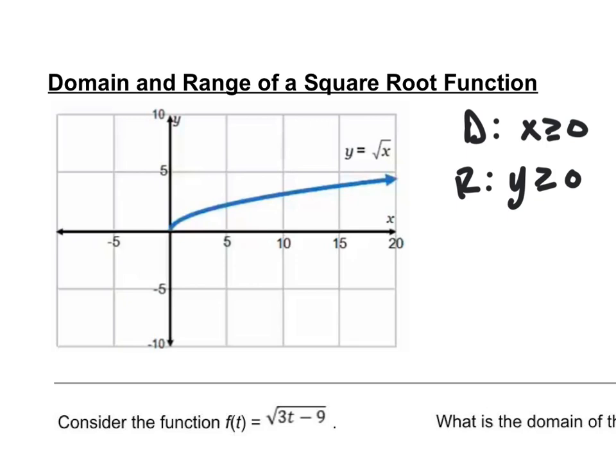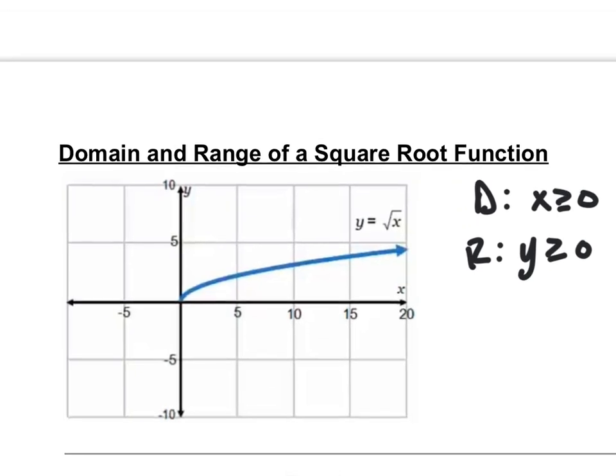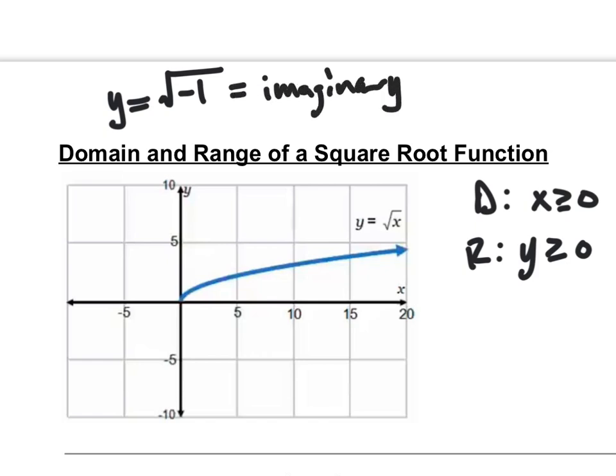The reason is that I can only plug in positive numbers here. We learned earlier in the section that if you were to take, say, y equals the square root of negative 1, if you plug in a negative number in here, you get an imaginary number. You don't get a real number out of this.